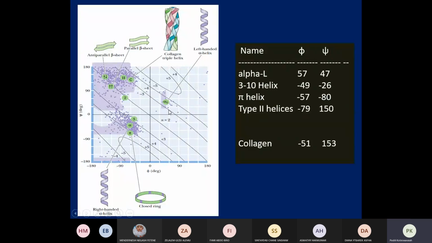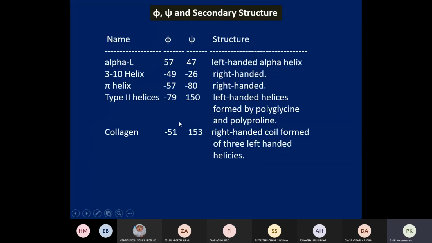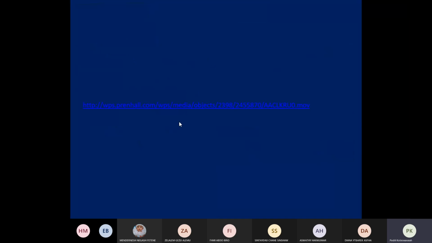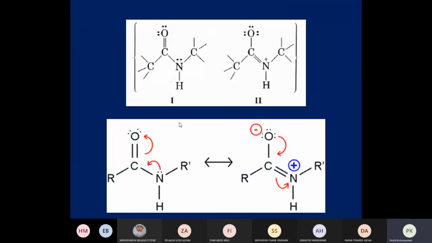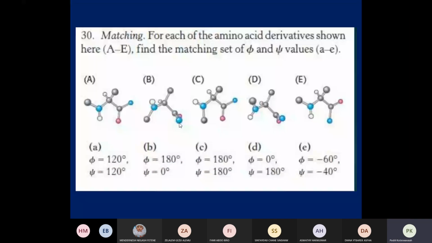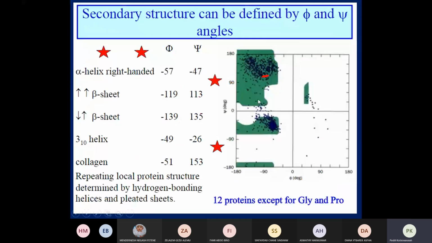It is useful for predicting whether the protein can take up a parallel or anti-parallel beta sheet or an alpha helix and so on. You can also notice that the psi and phi values are different for different structures. For the right-handed alpha helix, the phi value is minus 57 degrees and the psi value is minus 47.